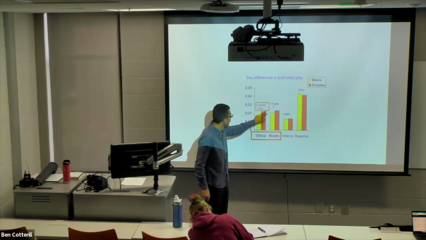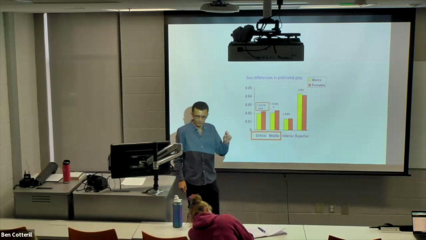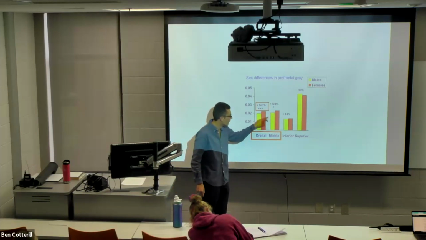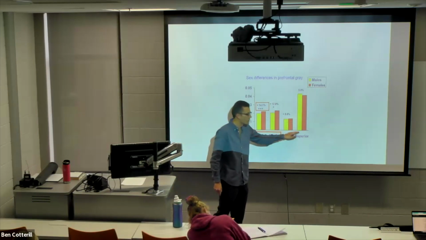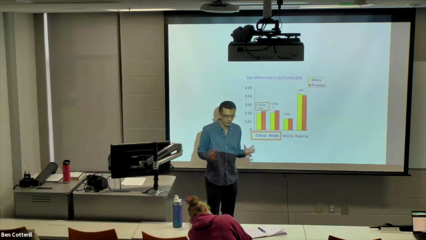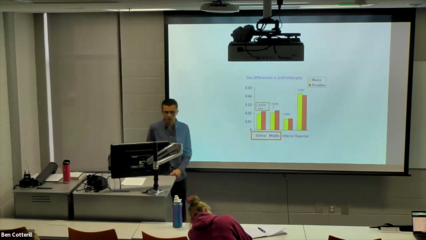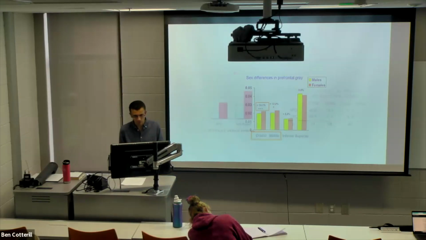In the female participants, the orbital region and middle region is significantly thicker, okay, than it is in the men. There's no significant difference between the inferior and superior regions, okay? Again, not surprising, we know that from the broader research, but we have to check that it's true for this sample, okay, before we do the analysis.